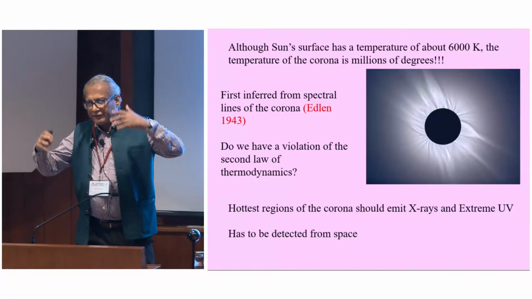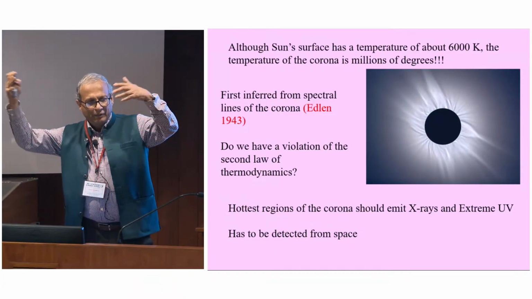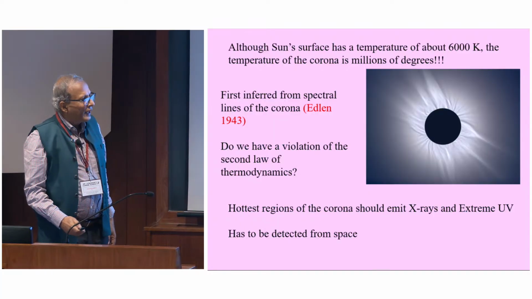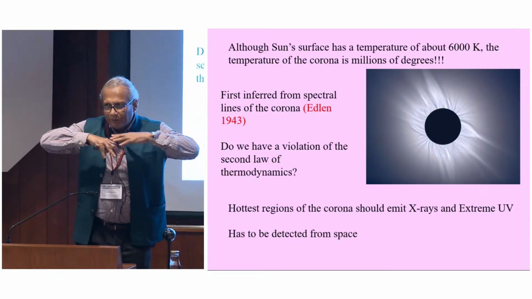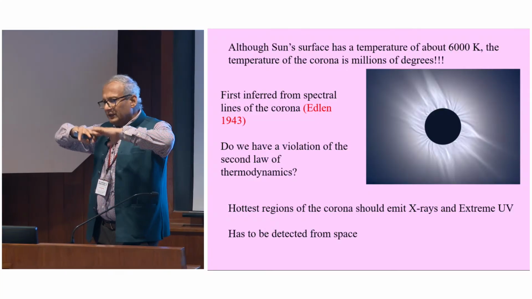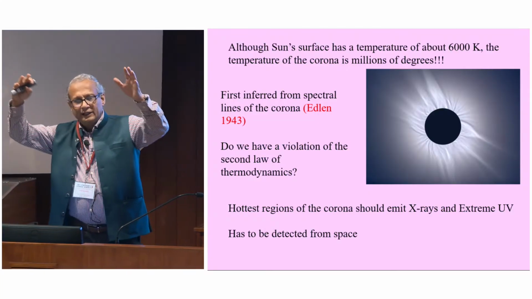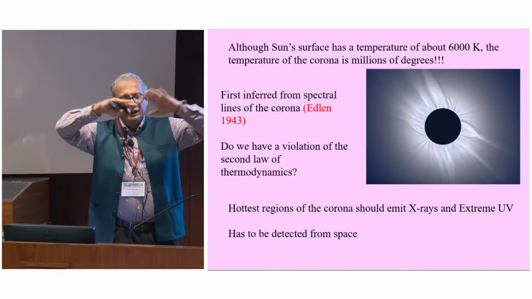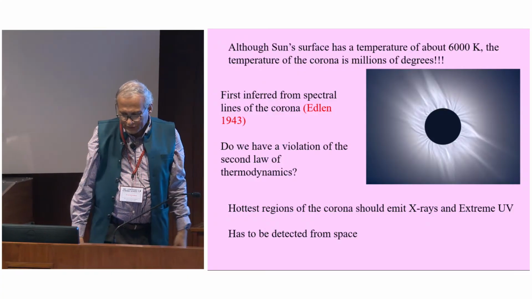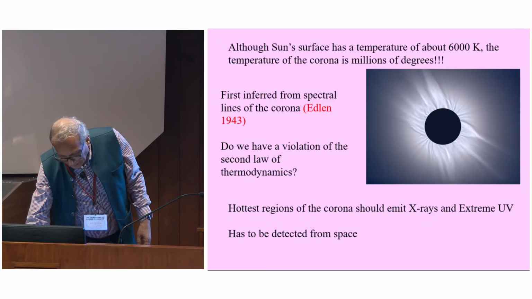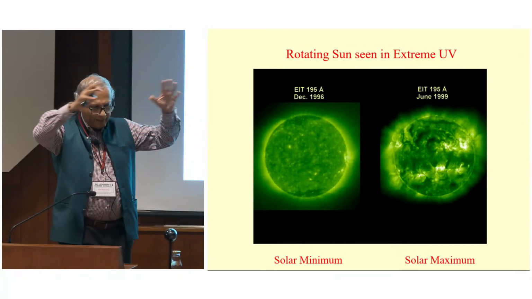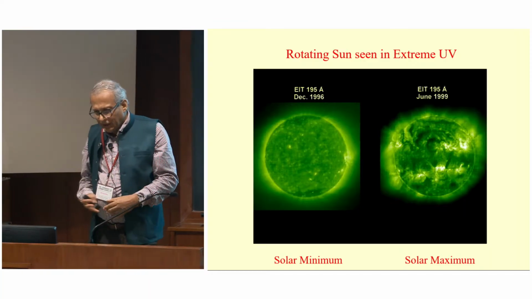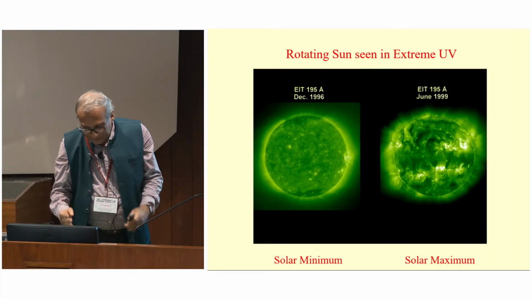So even if such radiation is coming from some astronomical source, we can detect it only if we fly detecting instruments in some space mission going above the Earth's ionosphere. And in the last few years, it has been possible to take images of the corona in this fashion.